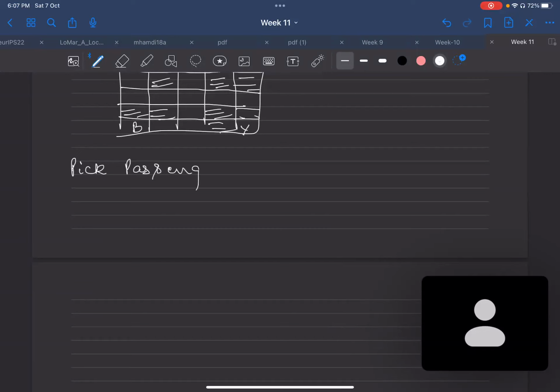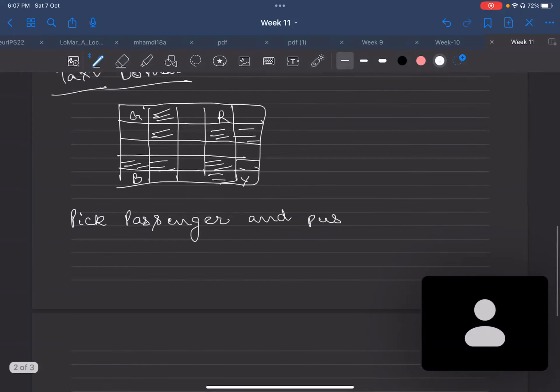So the problem is to pick up passengers and put them down. How many places and how many obstacles are there? I think seven obstacles. Madam, R is in the corner, so 10, right? R can be anywhere.